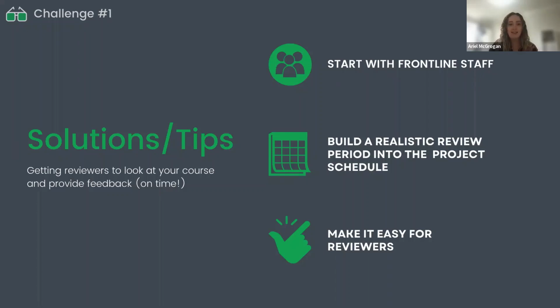And lastly, make it easy for your reviewers. If your reviewers think that they'll have to go into the content and have a separate spreadsheet open and then have a list of different comments they're adding and be going back and forth, and it's going to be this long, tedious process, they're not going to want to do it, and it's going to take them a lot longer to get around to it. So make sure it's as easy for them as possible.